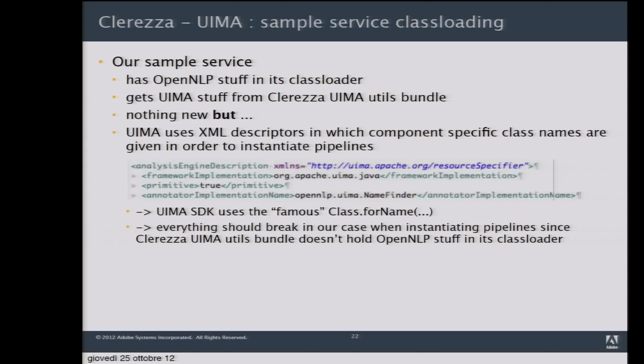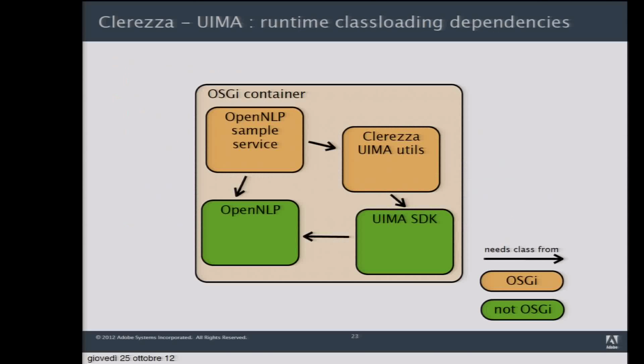But UIMA uses XML descriptors in which the component-specific class names are given for the pipeline instantiation. So here, again, a nice descriptor: the OpenNLP UIMA name finder class needs to be retrieved from OpenNLP. So the UIMA SDK uses the infamous Class.forName, and so everything should break, because we have this circular stuff where our sample service needs something from OpenNLP.